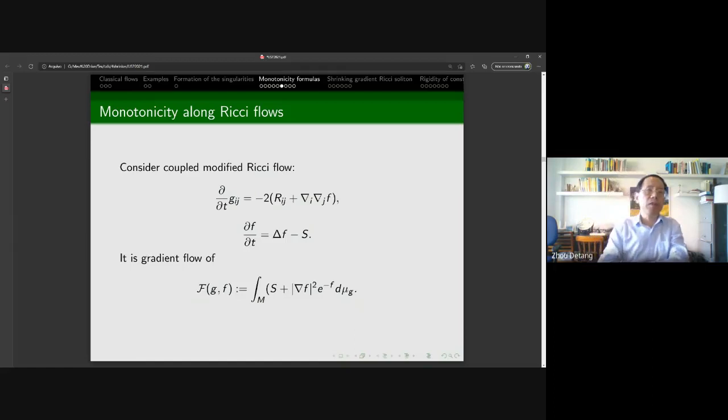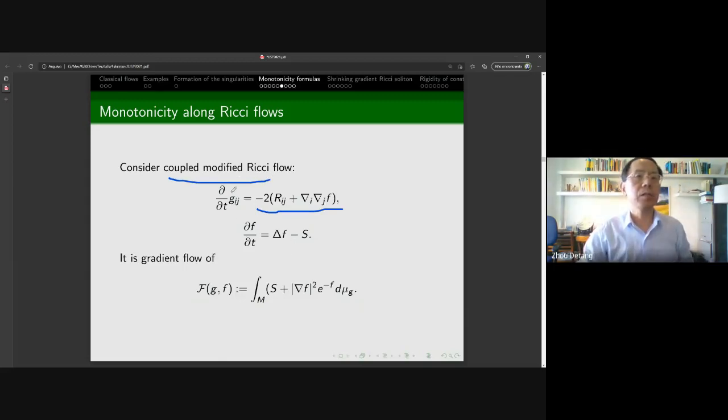So that functional, as we said, the Ricci flow is not the gradient flow of the Hilbert functional, so this functional can give the monotonicity for Ricci flow. Perelman, instead of using Ricci flow, considered the coupled modified Ricci flow.